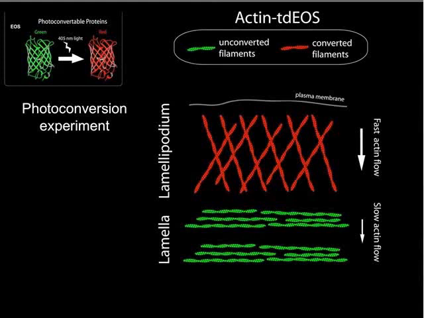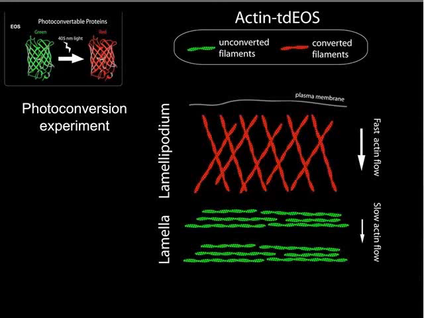In particular, we were interested in addressing whether these converted filaments are turned over by just a dynamic actin depolymerization pathway, or whether they actually are precursors for the formation of the actin arc-like structures in the lamella, where the focal adhesions are being laid down and play a critical role in the way that the cell crawls.